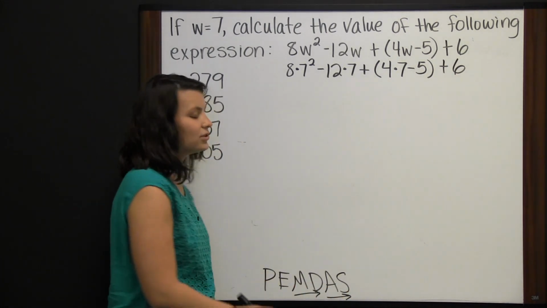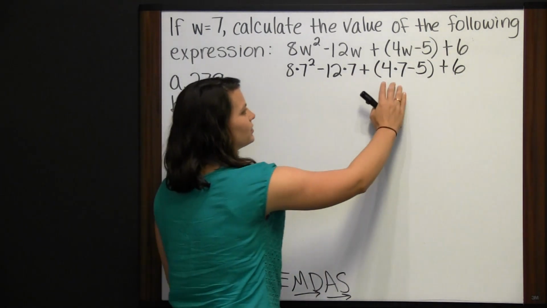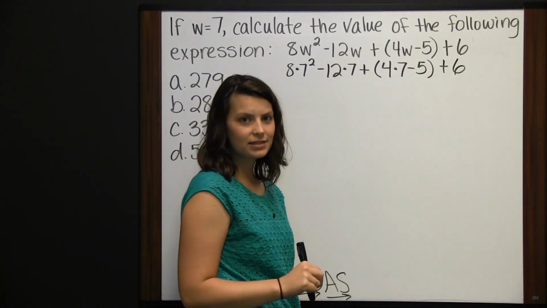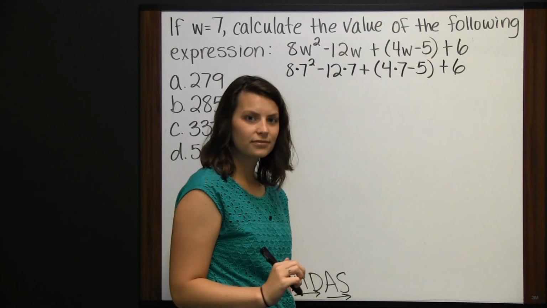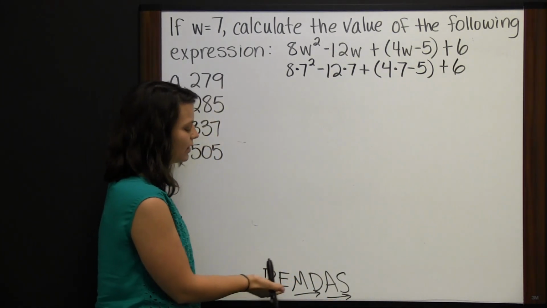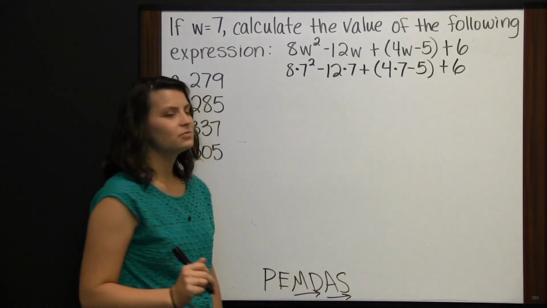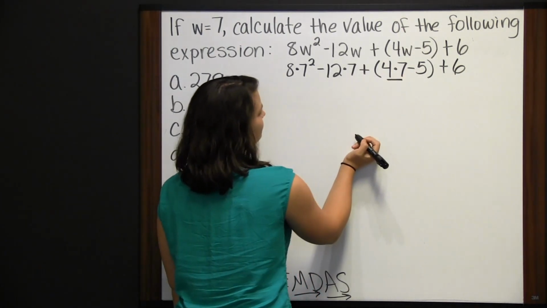So that means we need to start with anything inside parentheses. So here we have a couple of different operations inside our parentheses. We have multiplication and subtraction. Well, again, if we consult PEMDAS, we can see that we're supposed to always multiply and divide before we add and subtract. So that means we're starting with 4 times 7.